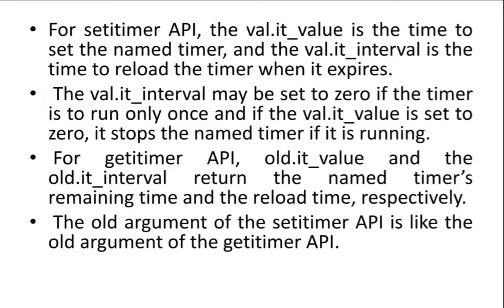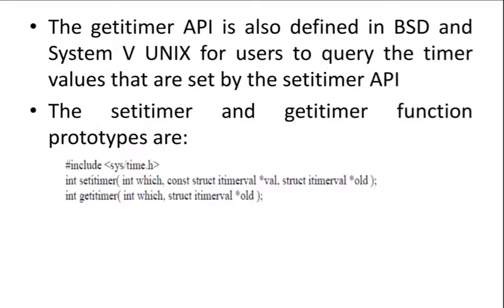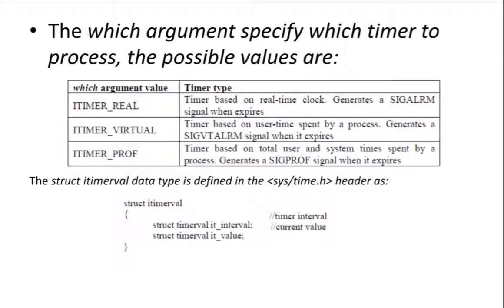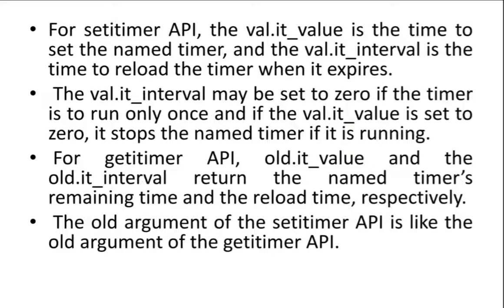See here, for the set timer API, we have two arguments, right? it_value and it_interval. Why are we going to use them? it_value is the time to set the named timer. If you want to set the timer for some seconds, you can do that based on that. And it_interval is the time to reload the timer. If you want to reload the timer when it expires, you can do that using this one, interval.